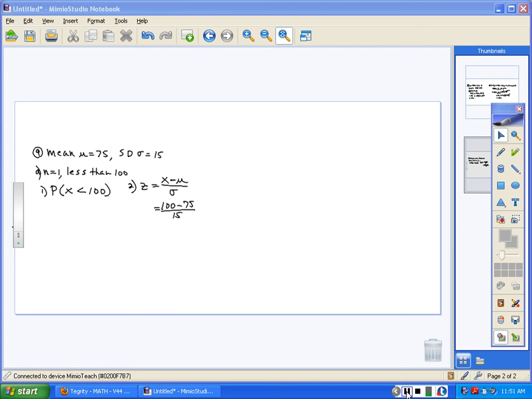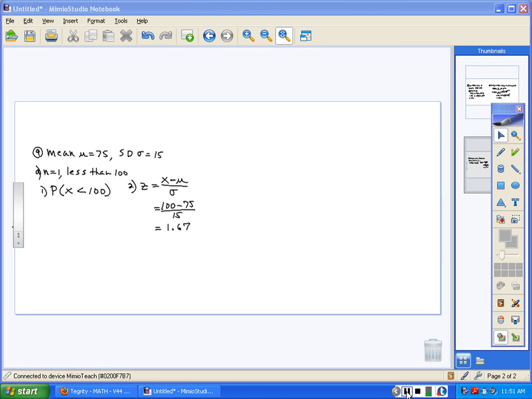You have to make sure that you either put parentheses around the numerator or you do the numerator, get the answer, and then push divided by. And we do round z to 2 places. I put it in bold on the handout twice. You round z to 2 places. And so it comes out to be 1.66666, and when we round to 2 decimal places, it's 1.67.